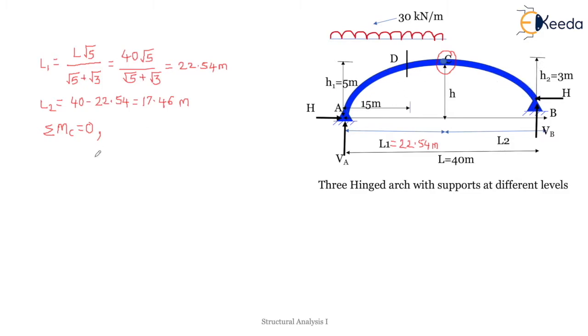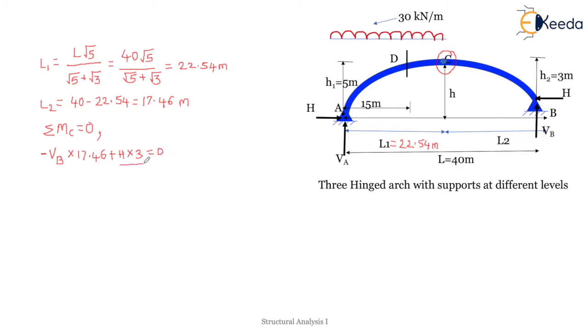So let's write the equation here. One is anti-clockwise and one is clockwise. So we can simply write: minus, because it is anti-clockwise, minus VB into L2 is 17.46, plus H into 3 meter is equal to 0.